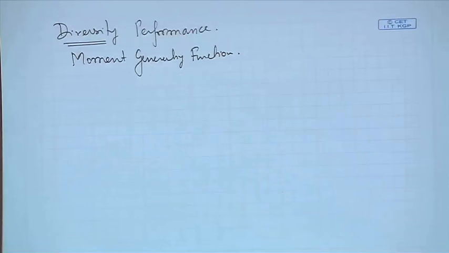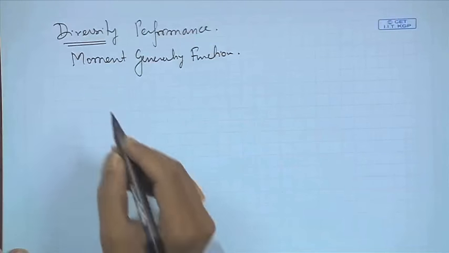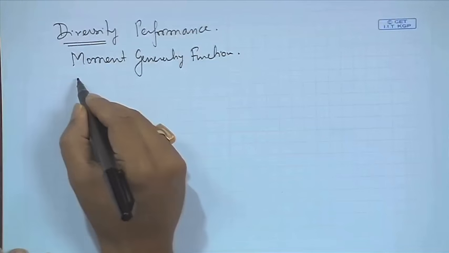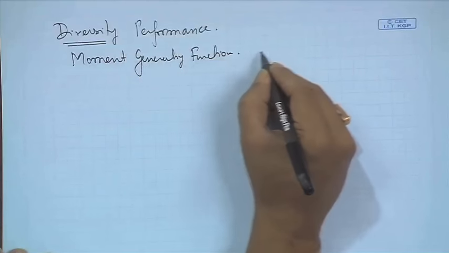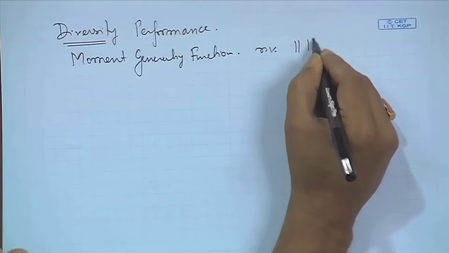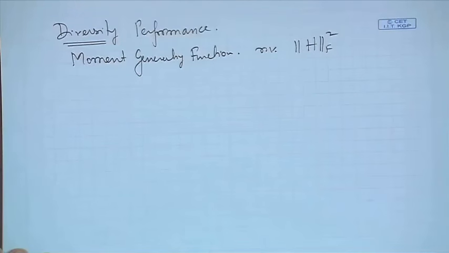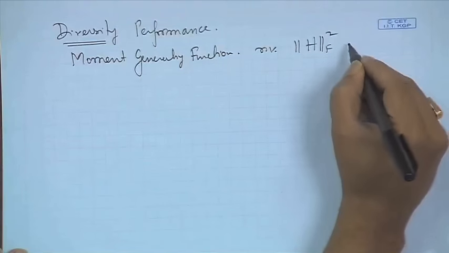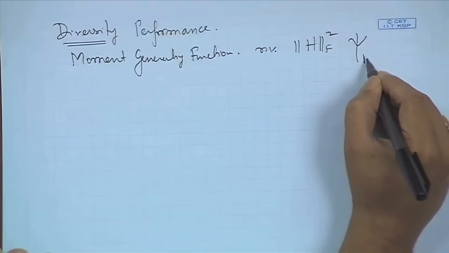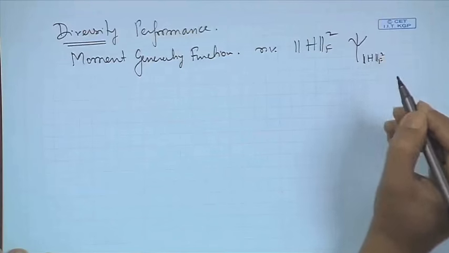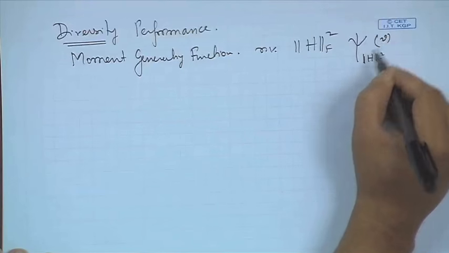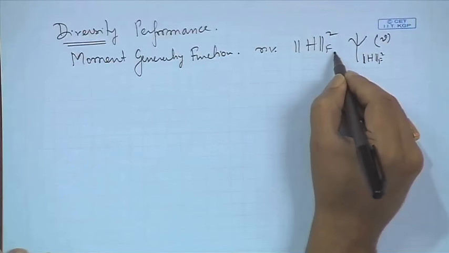There are different ways of calculating the BER, but one particular result exists which is often quite useful in giving this performance. So if we are interested in the moment generating function of the random variable HF squared, we write it as psi of HF squared of, let's say, nu. This is how we are going to represent it.